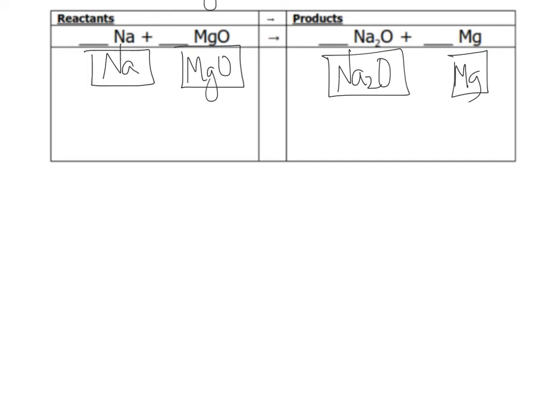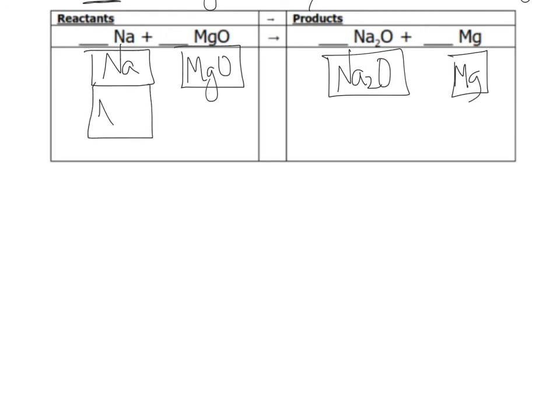We've got 1 of everything on the reactant side, and the products, 2 Na's, 1 O, and 1 Mg. So I'm going to pick Na because here I have 1 and here I have 2.